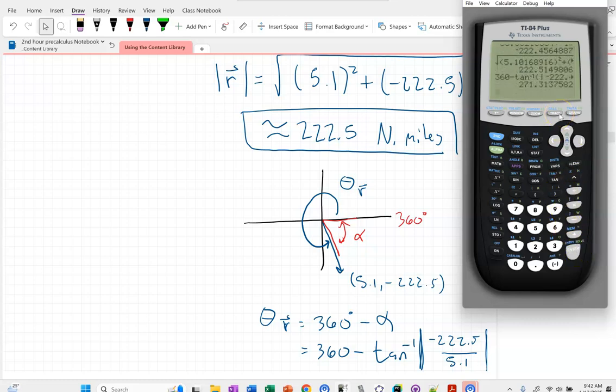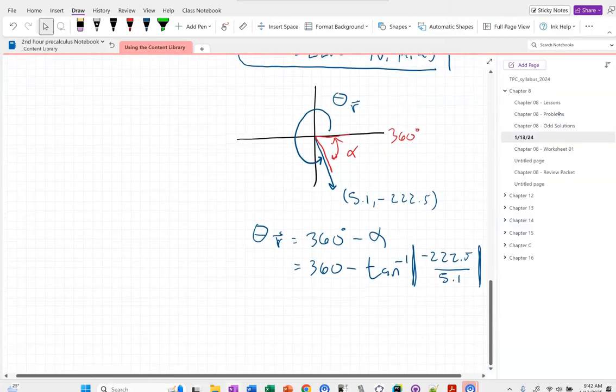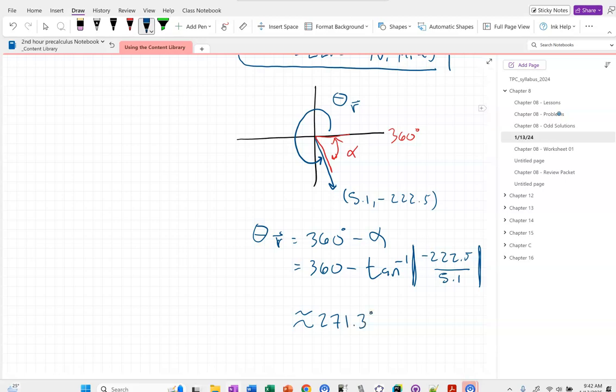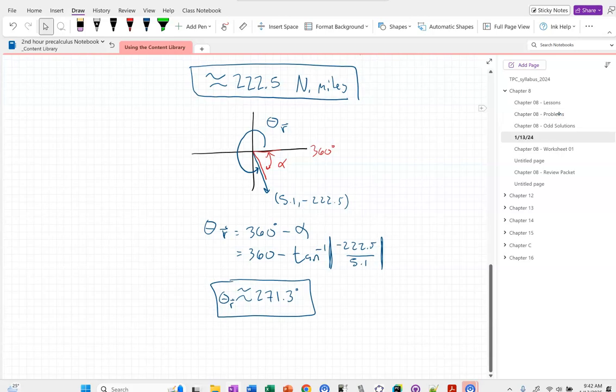So I get 271.3. So that's my direction to go with my magnitude.